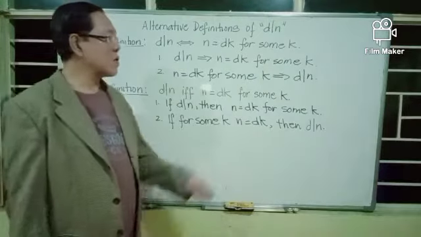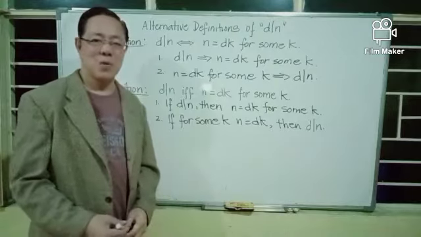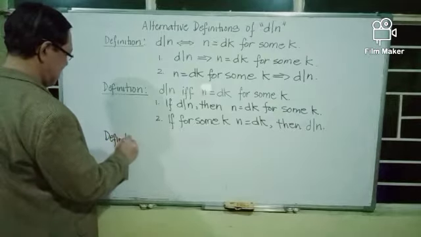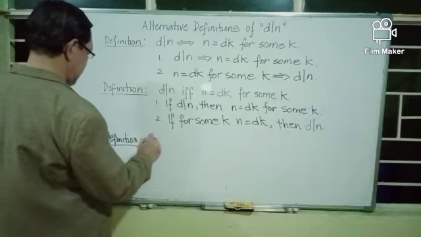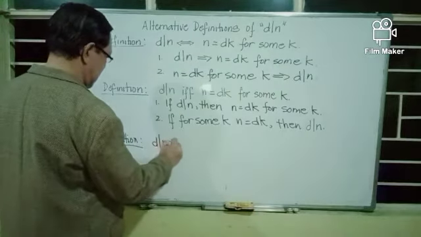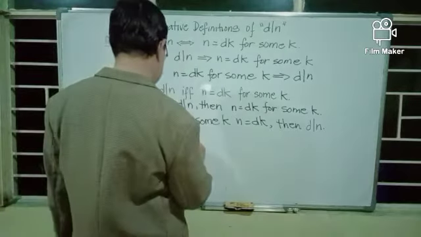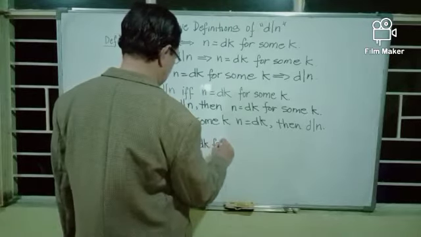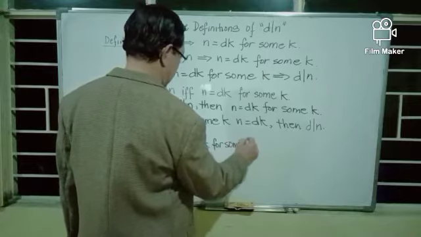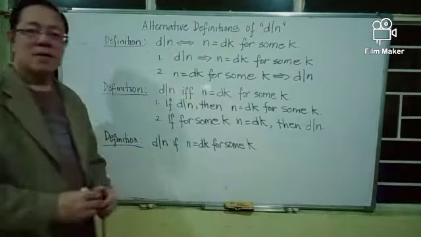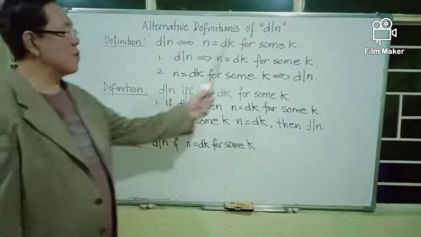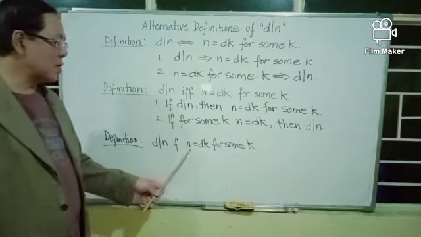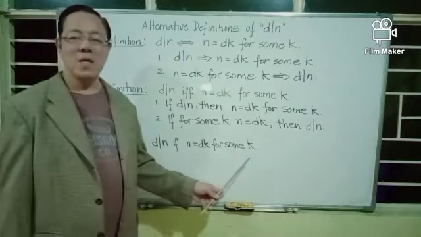And the third alternative definition for d divides n is given by this statement. d divides n if n equals d times k for some integer k.